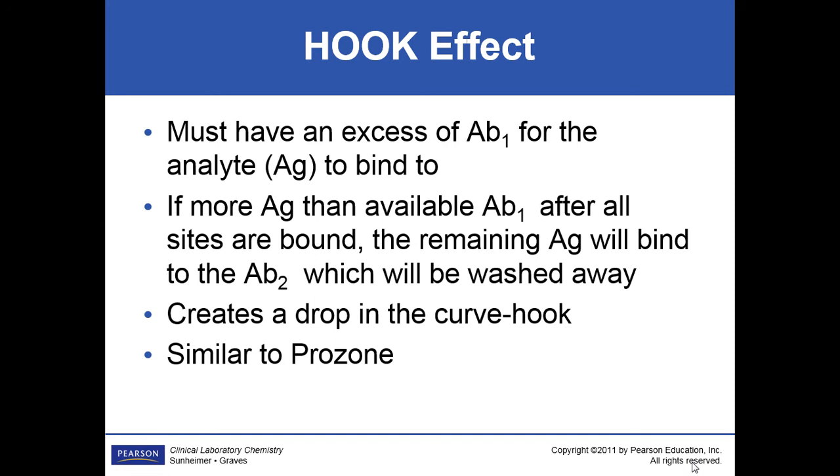So on your curve, if you will, think about it like that one that was dropping off. Okay, I have plenty of binding going on, and then all of a sudden I don't. Okay? So we need to know when we get there. And sometimes we can't necessarily tell. Now, our instrumentation is great about giving us error messages saying there was a reaction still happening, and I didn't have a bottom out point or a stopping point.